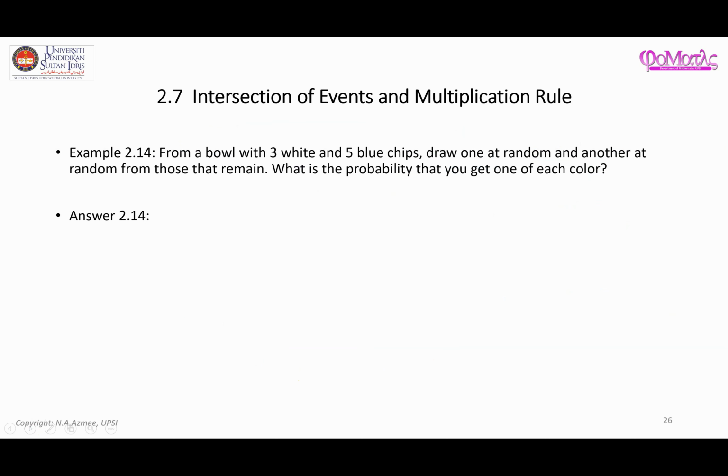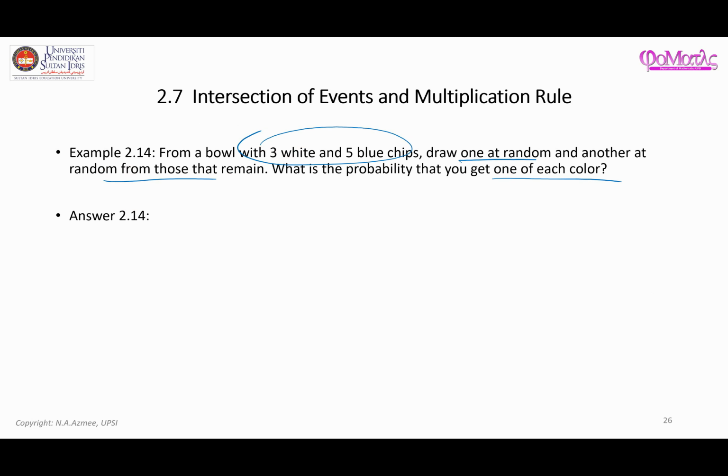Right, let's look at this example here. This is quite a classic example where you have to draw random chips, twice. You draw one at random and another at random from those that remain. So here we've got a bowl with 3 white and 5 blue chips. So what's the probability that you get one of each color?